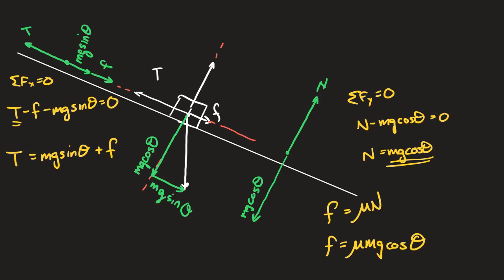Do you know how this must be the way every single ramp problem with friction is? Look, the normal force is always going to be related to cosine. Friction is always related to the normal force. Friction's probably always going to have cosine theta in it on a ramp.